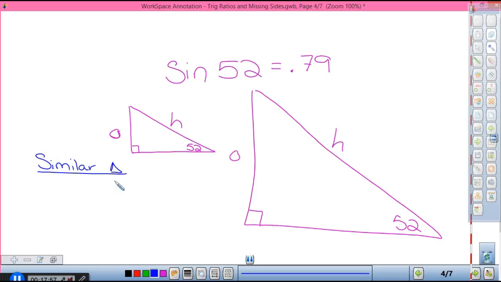Because I have similar triangles, what are my sides, Will? My sides are proportional, so my ratio of my sides is always going to be the same, and in this case, it's going to be 79 over 100 if it's a 52-degree angle.